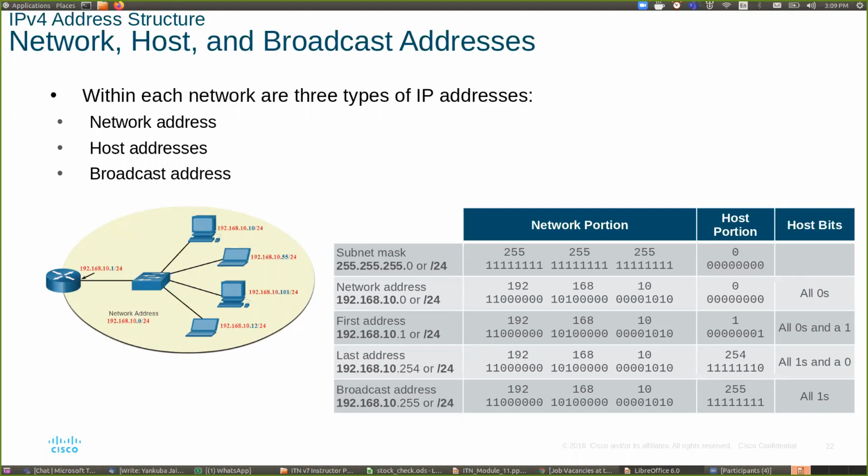And I told him, that is not for host, that is a network address. You cannot use a network address and configure it on computers or devices, it's not going to work. So the IP address structure has these 3 things: network address, host address, and broadcast address. Is that clear?